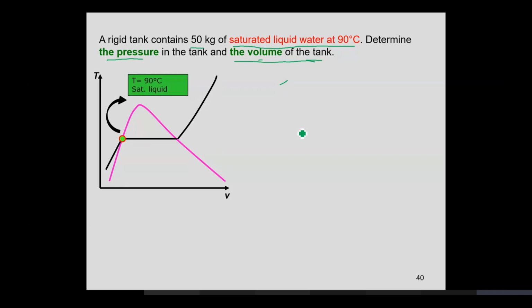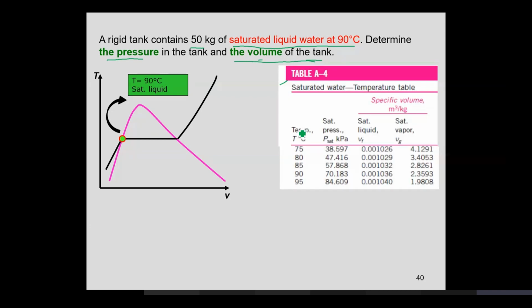Yes, your saturation temperature is also 90 degrees centigrade, but since the data is given in terms of temperature, you will go to table A4 for 90 degrees centigrade. You will read the pressure against it. This would be the saturation pressure, or the pressure of this tank. This would have the pressure of 70.183 kilopascal. So your tank would be at this pressure. Clear enough?